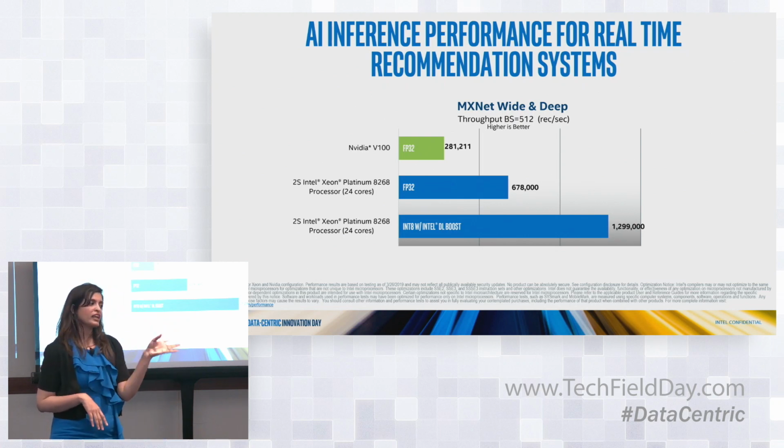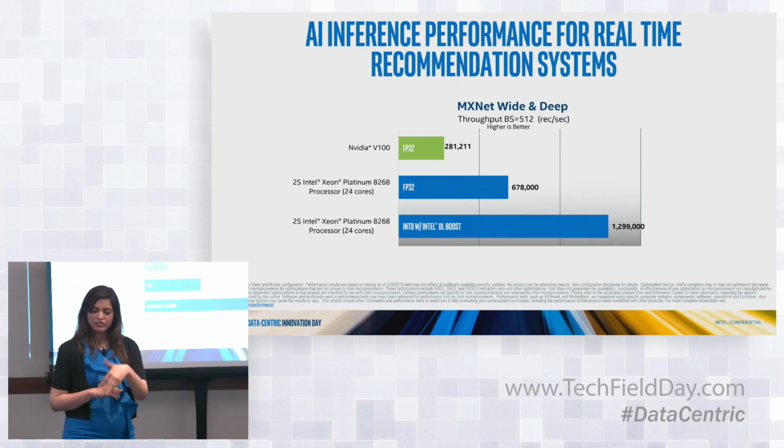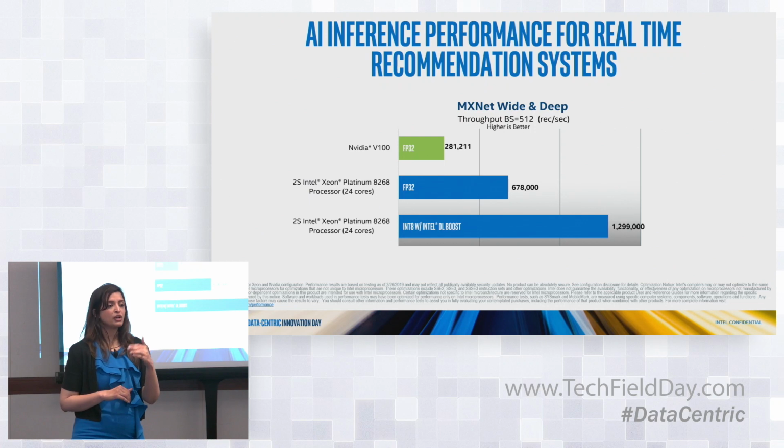Again, comparing that with the NVIDIA V100, their high-end GPU in the data center. We have the FP32 results, and then the comparison of our FP32 results for the two-socket Xeon.